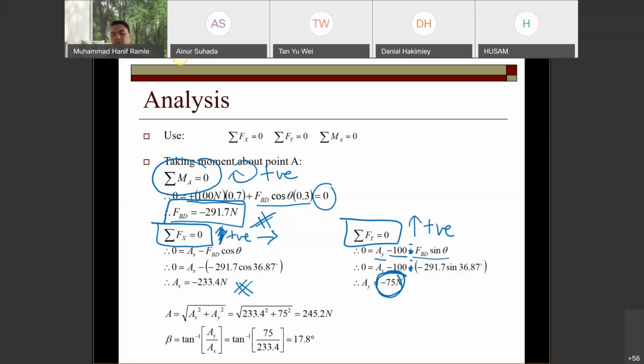Yes, there is minus, this one is the original. The answer will be 75, positive 75, not negative. Ay is positive, yes.